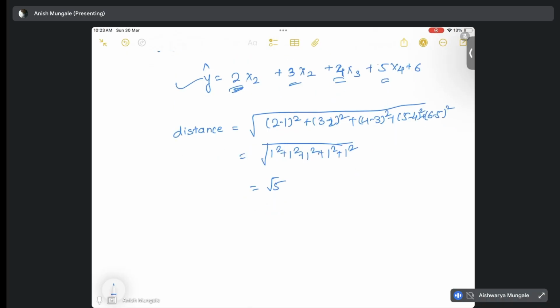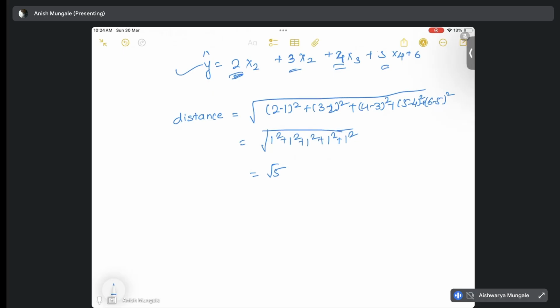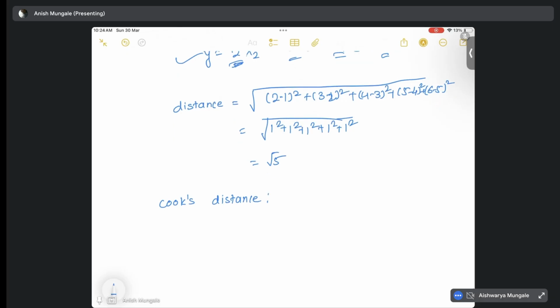Now we need a threshold to determine after how much distance we can consider it an outlier or not. That is called Cook's distance. This is the same author who gave this method. So we use this Cook's distance.